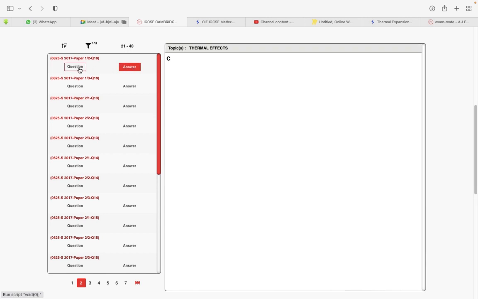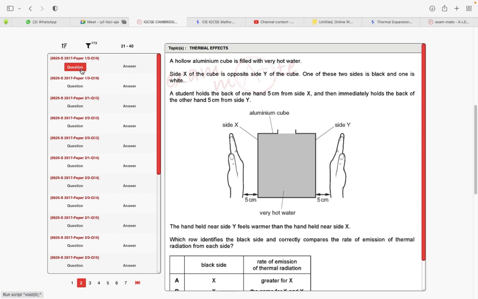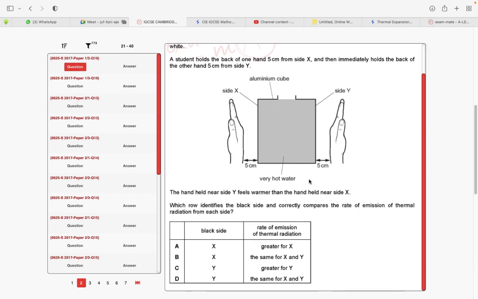Oh, the question threw us out. This question is so confusing. Now it's saying that the black side is Y. And what did they describe here? He said the hand held near side Y feels warmer than the hand held near X. I understand that black absorbs the heat.